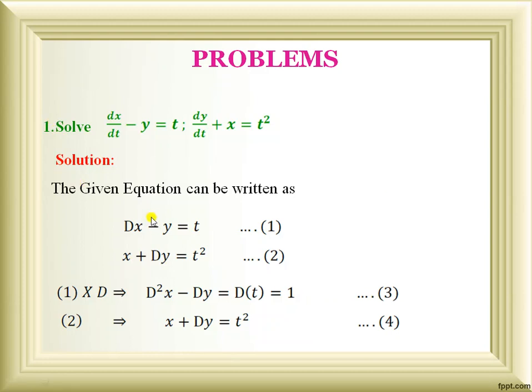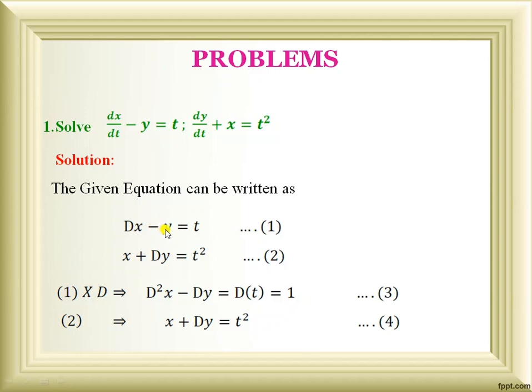So I need to cancel out one of the dependent variables, either x or y. Here y has opposite signs, minus in one and plus in the other, so I am going to eliminate y first.